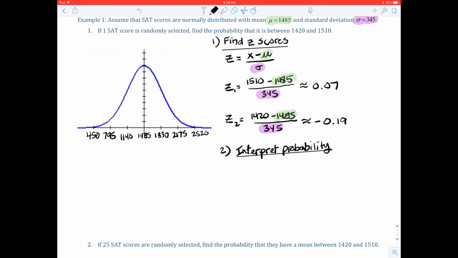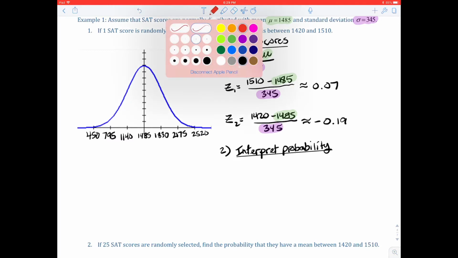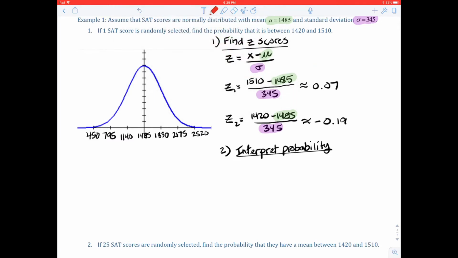So if you look to make boundary lines for this, well, 1420 is going to be maybe about here. Cool so far? And then 1510, on the other hand, will be 0.07. So that's going to be pretty close to here, right?